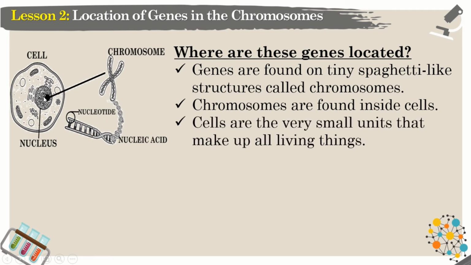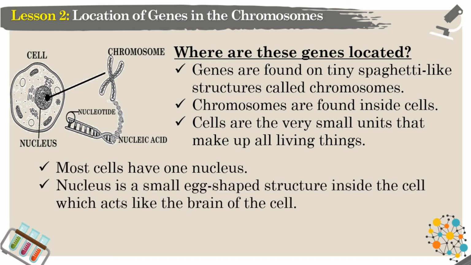Okay. So cells are the very small unit. We know that the cell is the basic unit of life. So all of the animals and plants have their own cells. It might be a plant cell or an animal cell depending on the organism. Most cells have one nucleus.